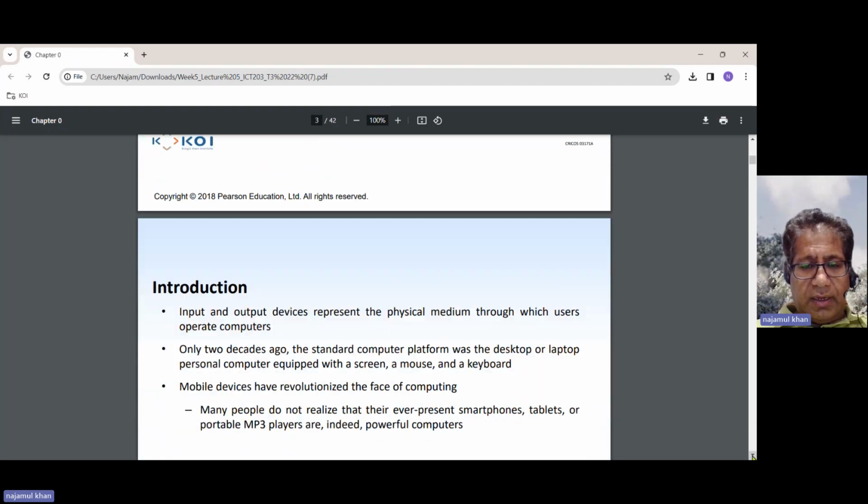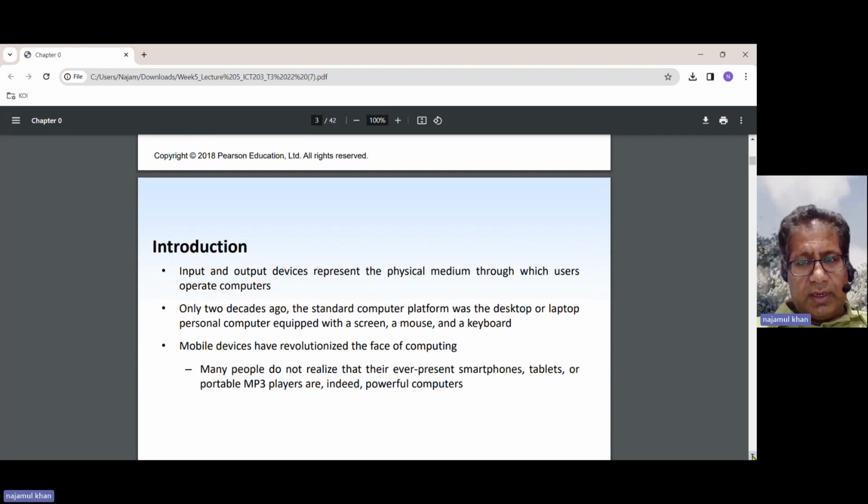Now, in our introduction, we all understand the importance of these input and output devices and how effectively they represent the physical medium through which users operate computers. We are all aware of the importance of a keyboard, a mouse, or touch pads.